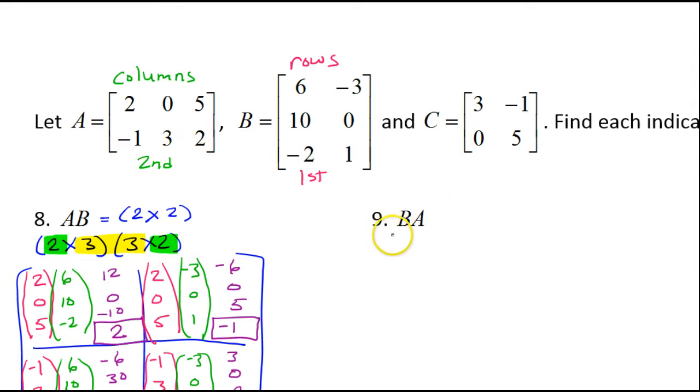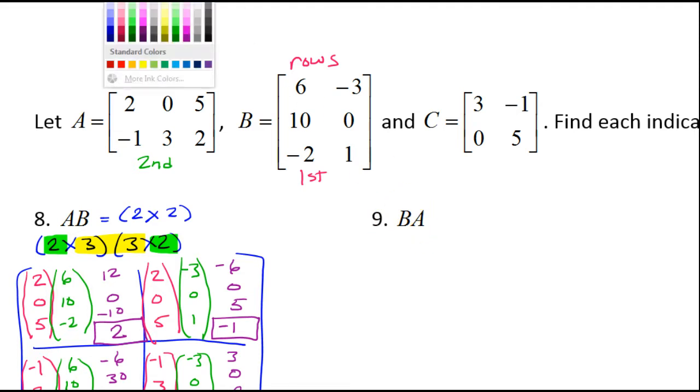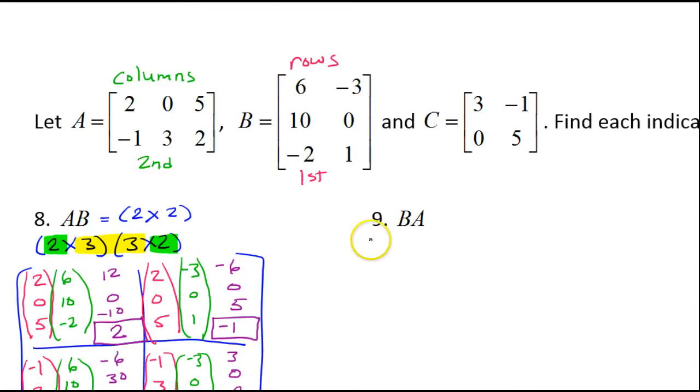So let's analyze the dimensions of these two matrices and see if the product is even defined. Matrix B has dimensions 3 by 2. Matrix A has dimensions 2 by 3.